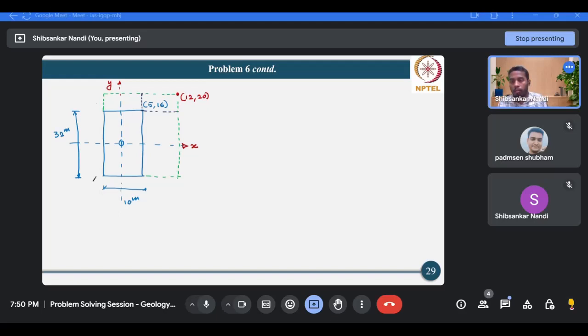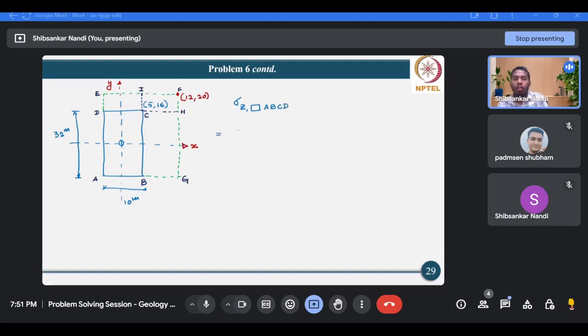I am naming the corners in this fashion: A, B, C, D, E, F, G, H, I. Now what we are trying to do is calculate the sigma z value for rectangle ABCD.